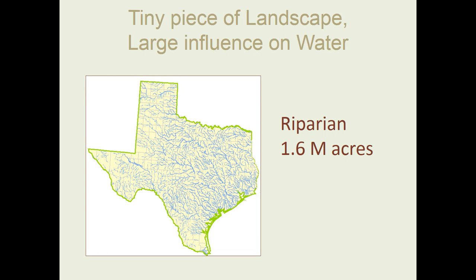Management decisions that directly influence riparian areas are extremely influential in this regard. Based on the 1% estimate, there may be about 1.6 million acres of riparian land in Texas, a size you could really wrap your mind around, making riparian areas a good place to focus limited resources to produce water-related benefits.